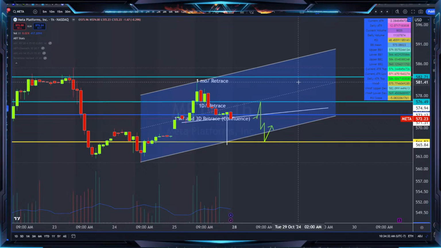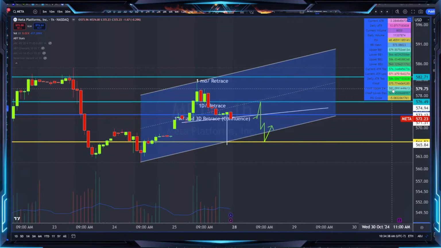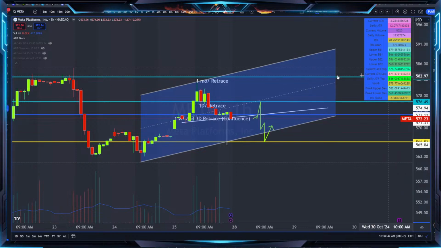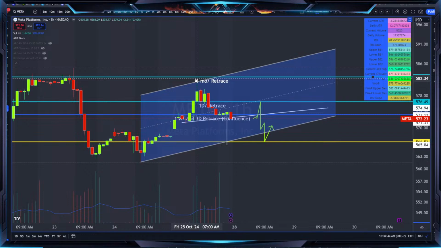You hear me? VWAP is giving you an upper standard deviation of $582, which is confluent to your 582.71 of the monthly retrace. Oh my goodness, guys. To me, this is entirely obvious. To you, it's not yet, but I need it to be.